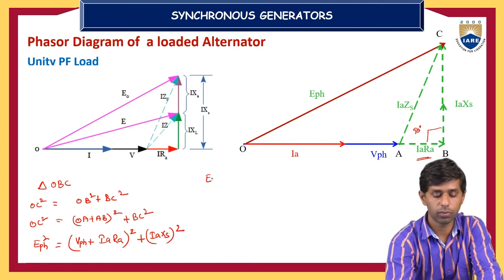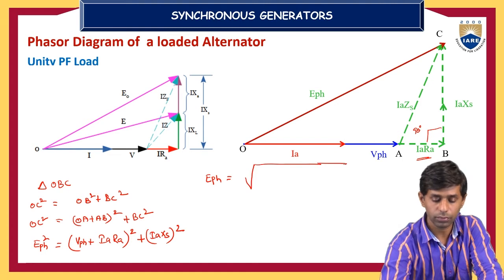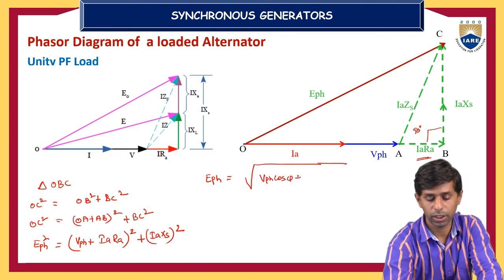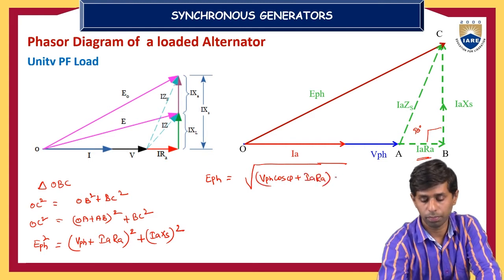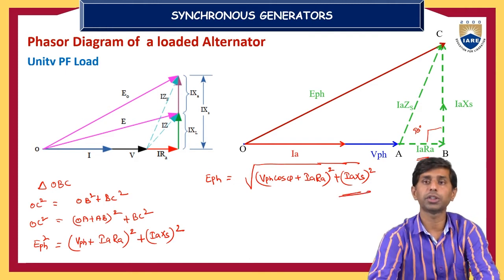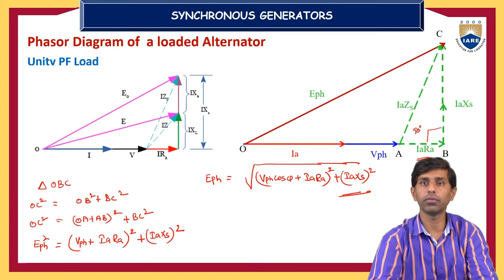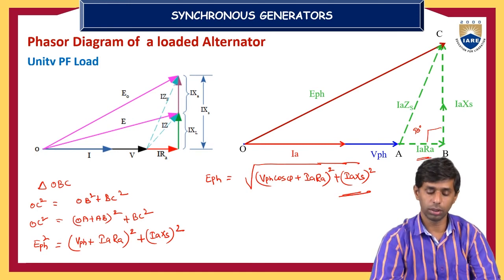So E phase is equal to the square root of (V phase cos phi plus IARA) whole squared plus (IAXS) whole squared. This is the expression for the induced EMF per phase when the alternator is loaded at unity power factor.